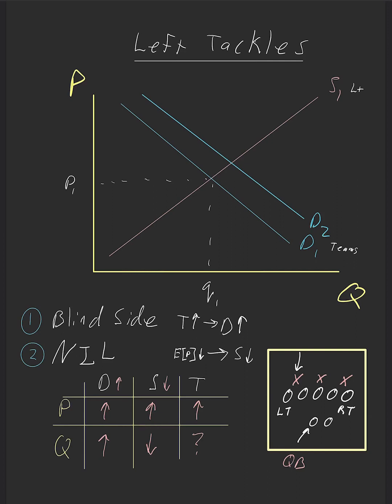Now, at the same time, I'm going to use a short run effect here, because obviously NIL is a very complex issue. We've seen in recent years name, image, likeness come to college football.